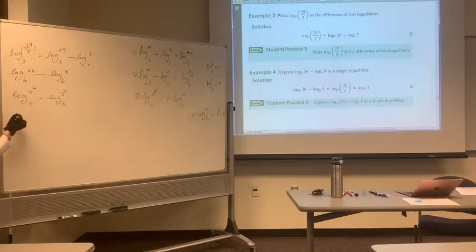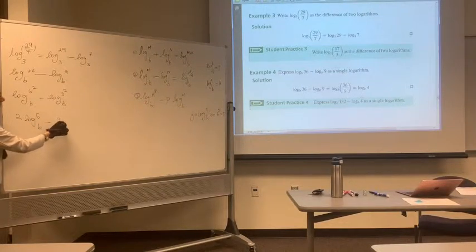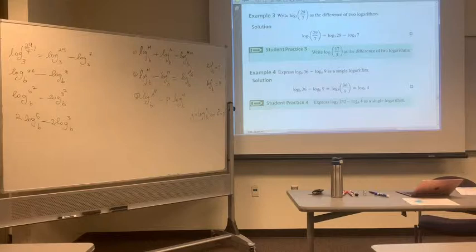And then these 2 go in front. We have 2 times log 6b minus 2 times log 3b. Am I right?